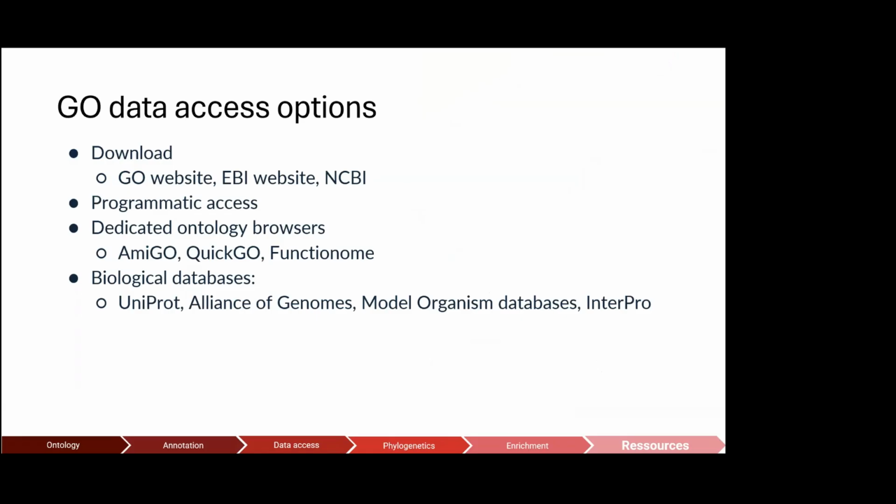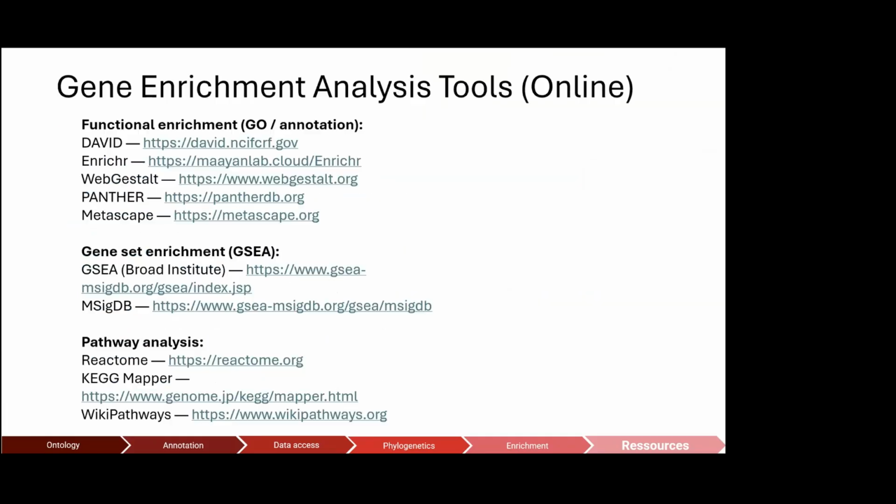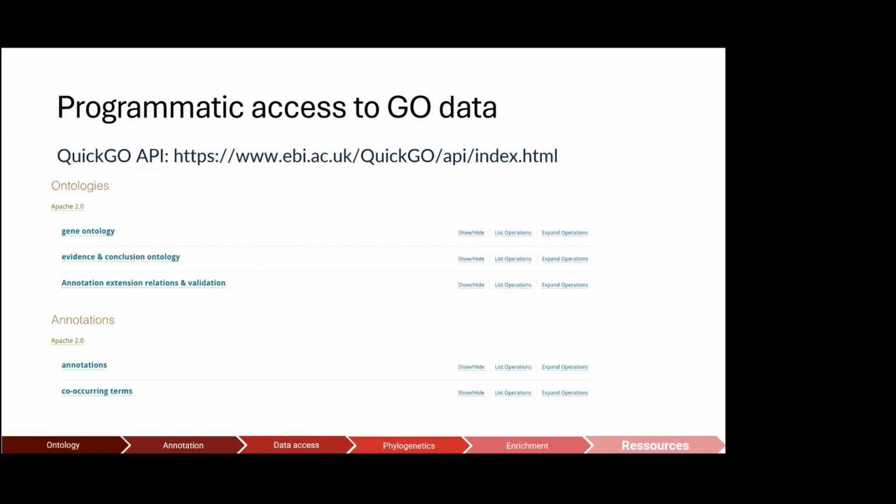Then the GO data extraction options, how to download GO data, all this has already been shown. The gene enrichment analysis tools online also. As I said, I advise you to go through all of them, check, play, and see what you really need for your research. And programmatic access to GO data.